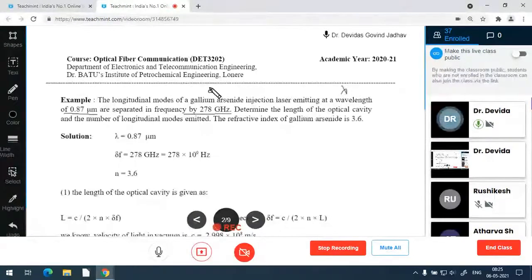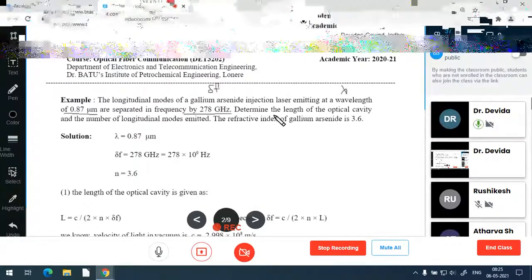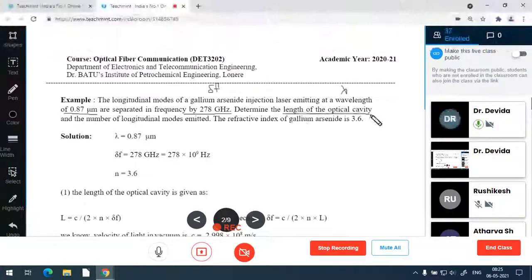So the separation of the frequency is delta f. Lambda is given, delta f is given. Determine the length L. L we have to find out, and the number of longitudinal modes emitted, number of modes, again Q.